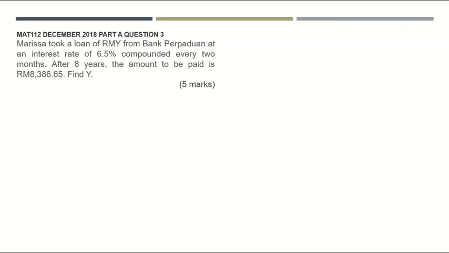The question states that Marisa took a loan of RMY from Bank Perpaduan at an interest rate of 6.5% compounded every 2 months. After 8 years, the amount to be paid is 8,386.65.